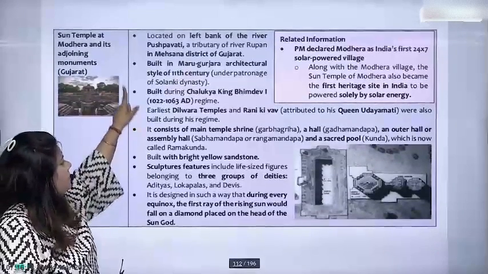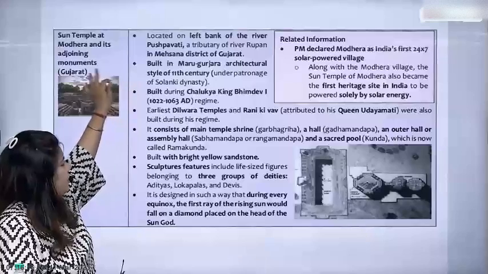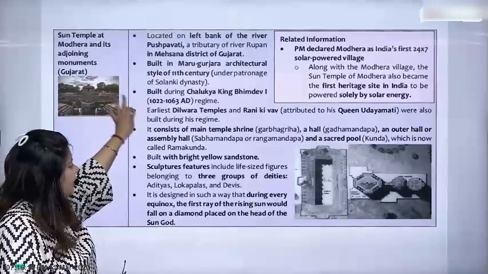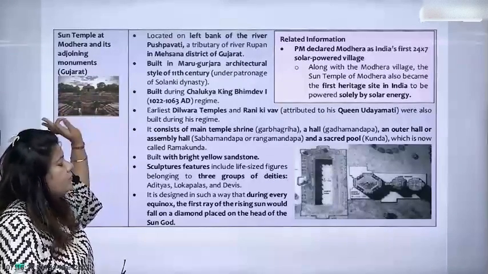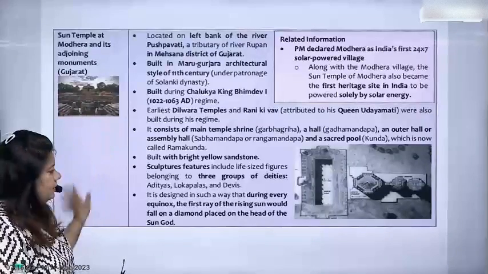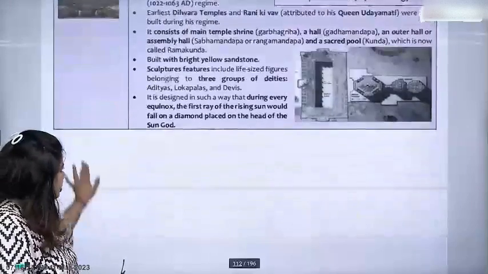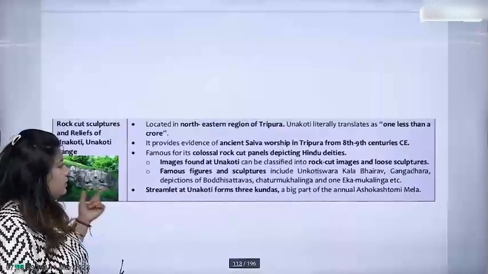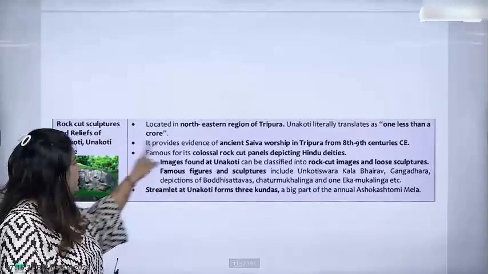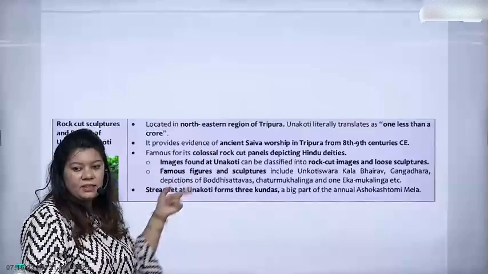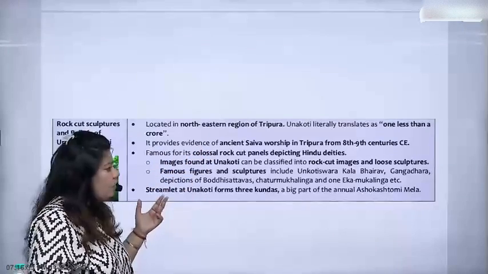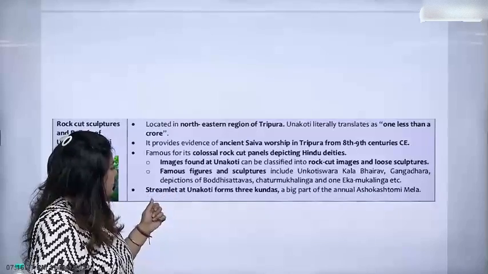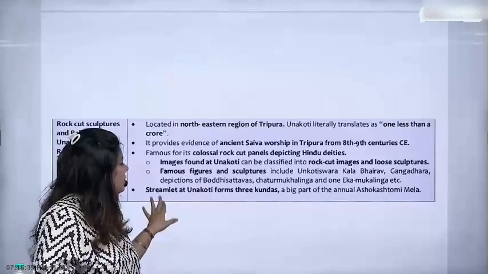Basically for prelims: river, place, architectural style, king, and the deity to which it is dedicated. Okay? Sun temple. Then Unakoti, Tripura. Basically, it is also a site where we can find the worship of Lord Shiva, right? And that's it, that much is enough for this.